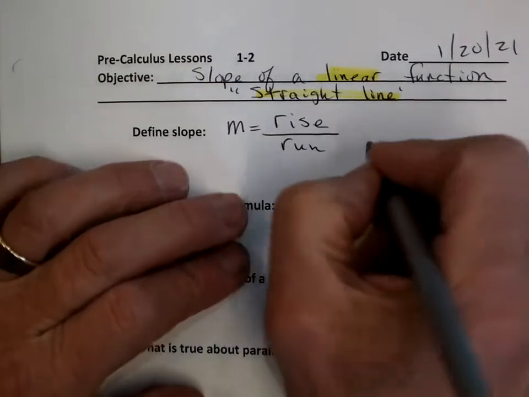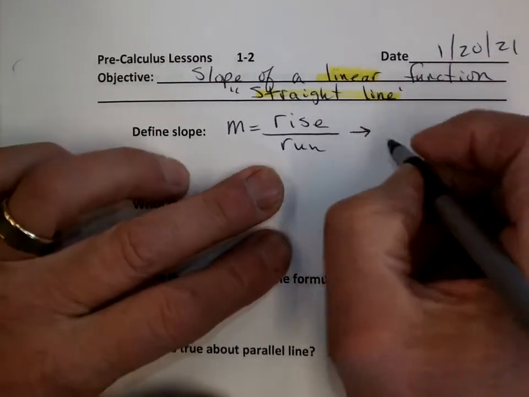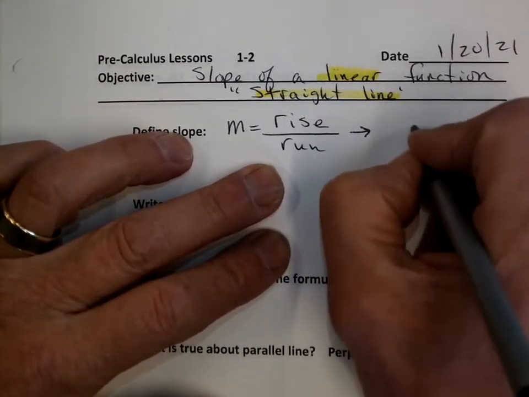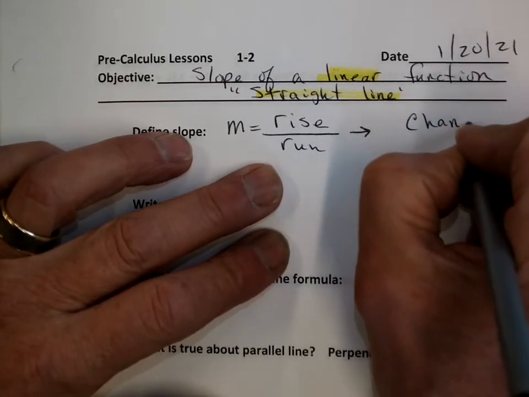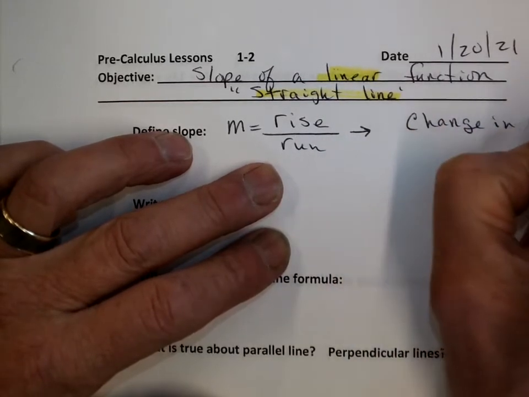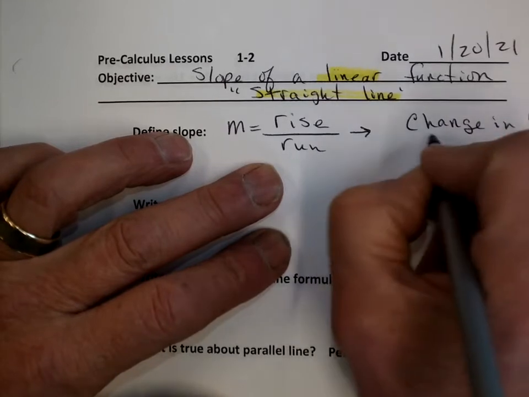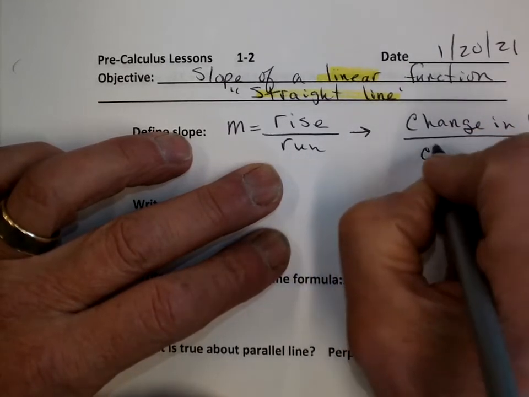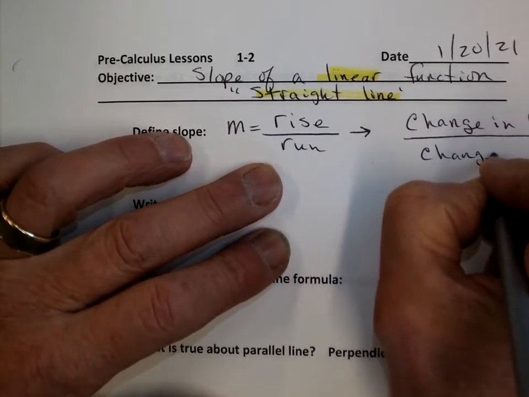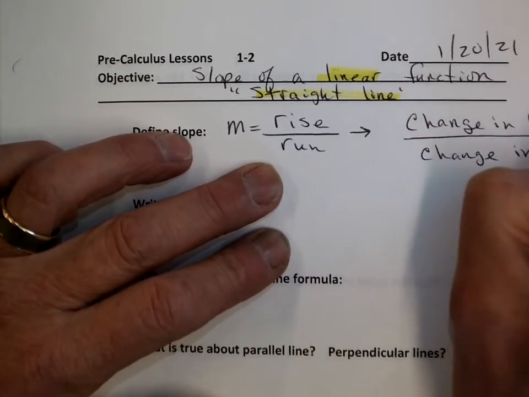It's also called, and here's more of a calculus term, the change in the y's over the change in the x's, okay?